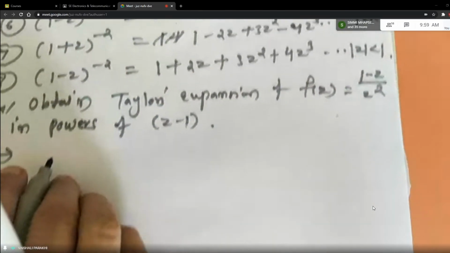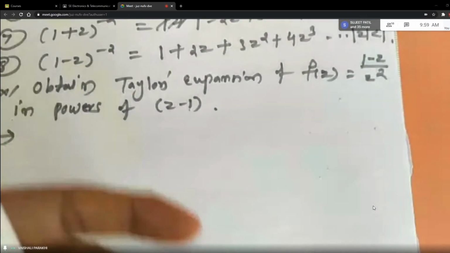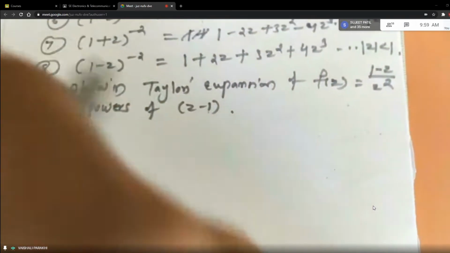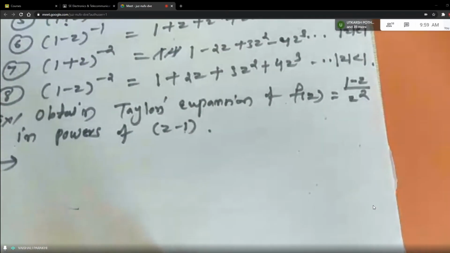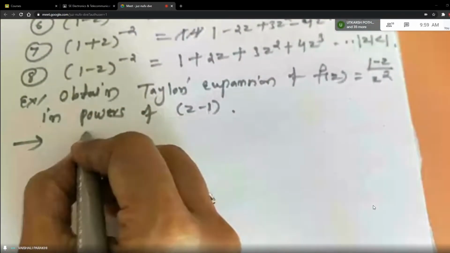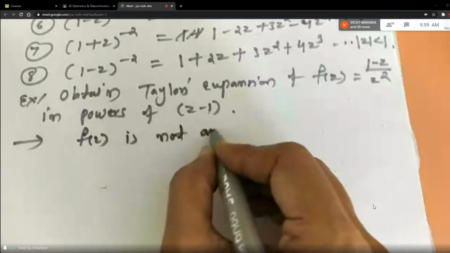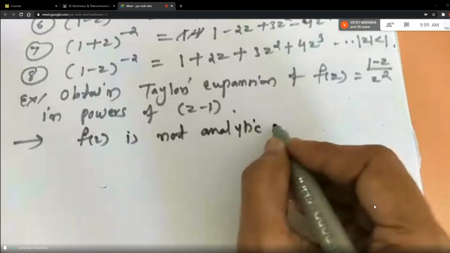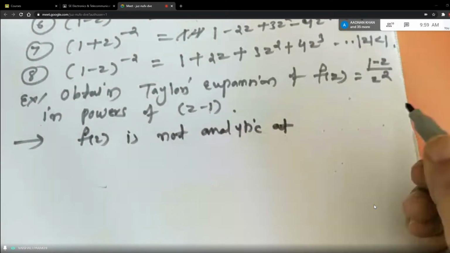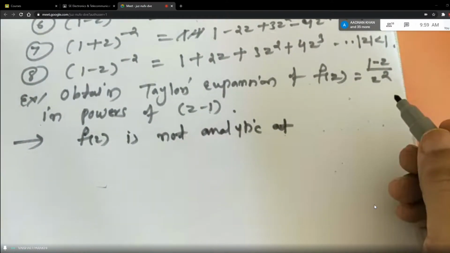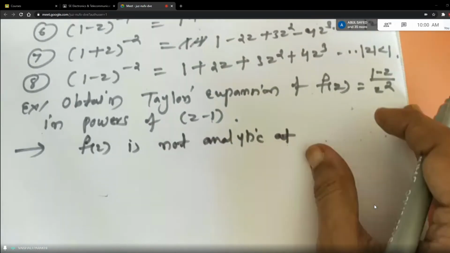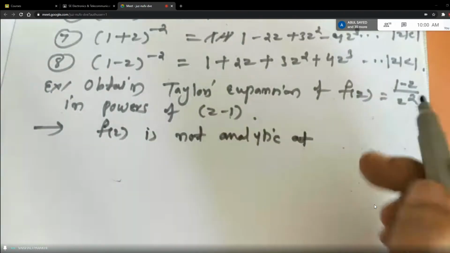So in this problem, f of z is not analytic at, can you guess at what?